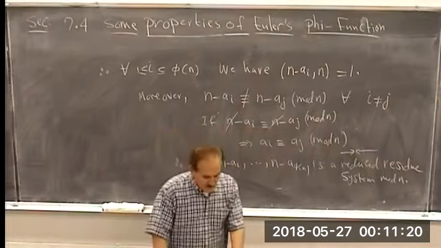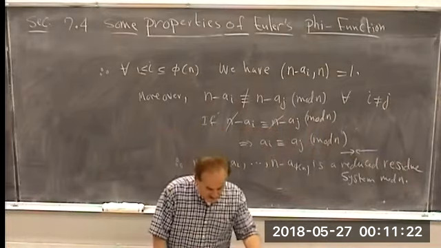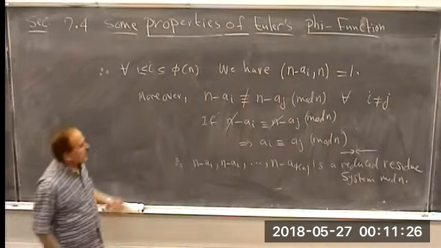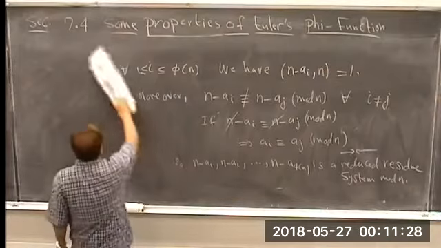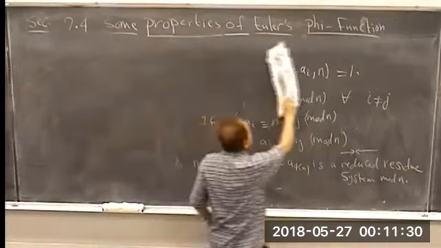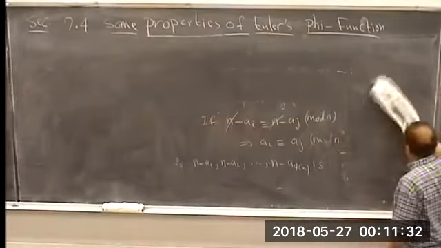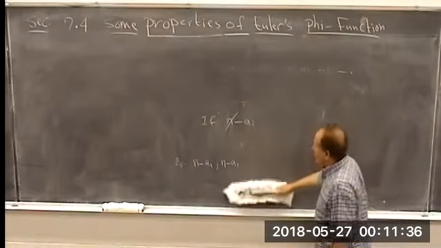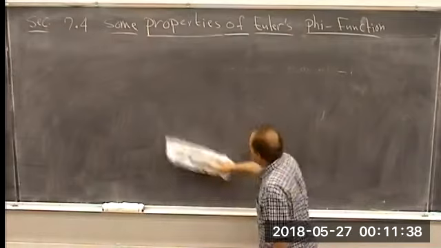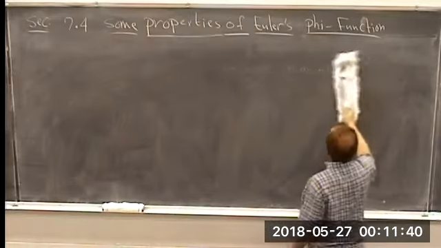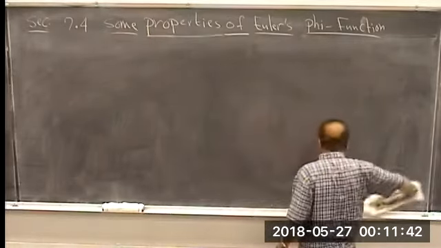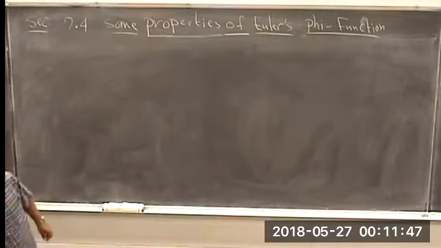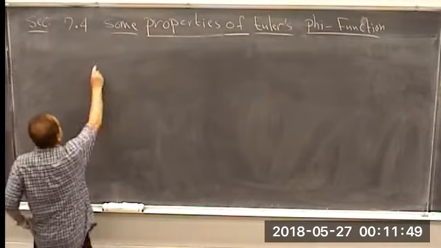Now we're going to add these. What I'm doing here is extra, we don't need it, because it tells us that they are distinct, since none of them are equal, and it follows that it's a reduced residue system.